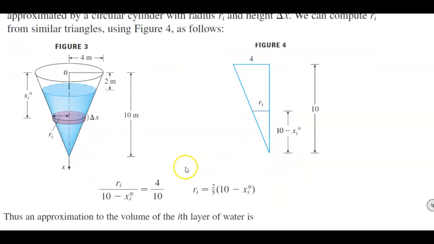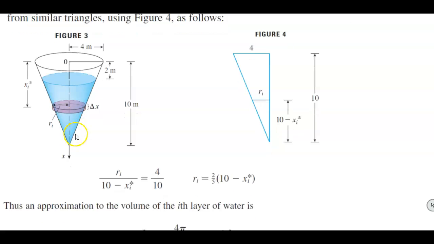So we can say that r subscript i to 10 minus x subscript i is equal to 4 to 10. And now we can cross multiply and then solve for r subscript i. By solving for that, we end up with 2/5 times 10 minus x subscript i, which gives us the radius.